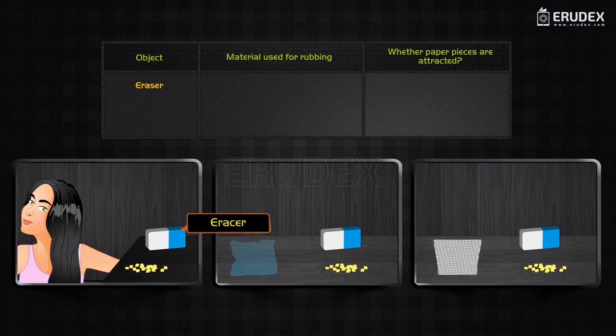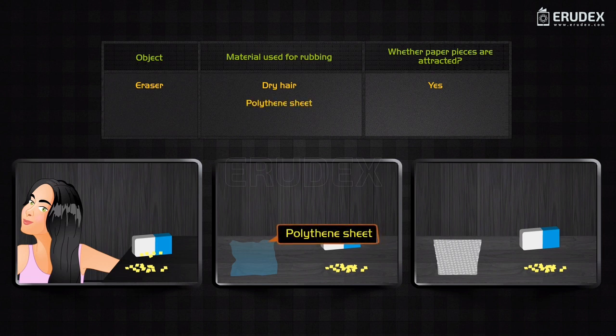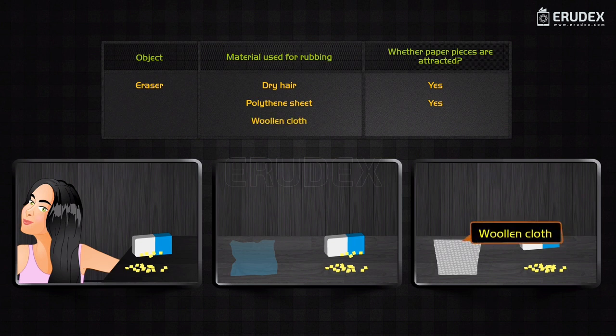The object is eraser. Dry hair, polythene sheet and woolen cloth are the materials used for rubbing. It attracts the pieces of paper.